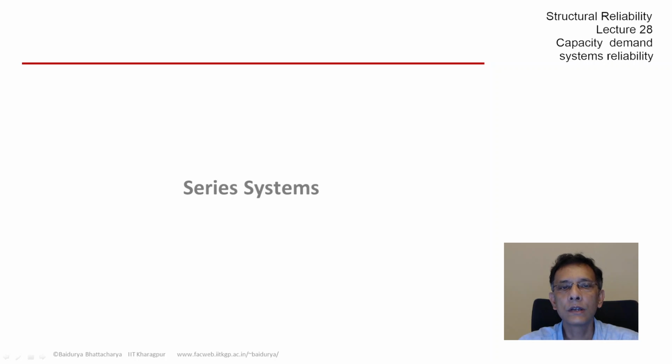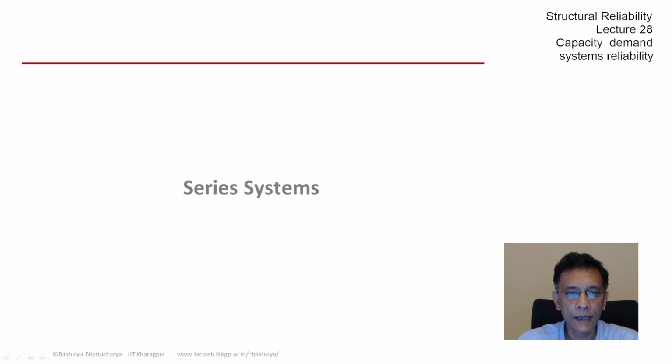We start our discussion on structural systems reliability with series systems. Series systems are not only very instructive, but it turns out that many problems in structural systems reliability turn out to be series problems. So they are very useful as well.